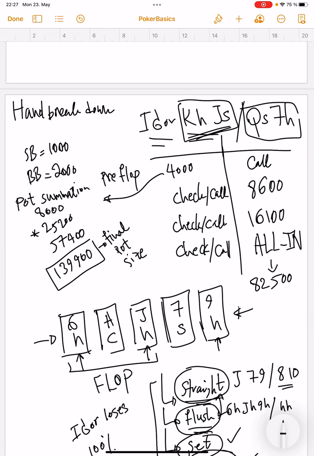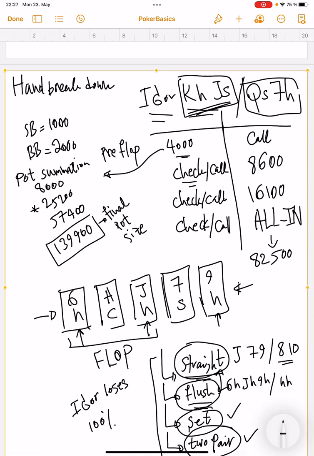You see, he is making a raise of 4,000. You flat call, and then he checks. He's the aggressor, the person who acted first to raise. He checks when he sees the flop, and then suddenly you are putting in a pot-size bet. Why so aggressive? You can see 8,000 was the pot, and he puts 8,600. So their story doesn't match. When you have the 6 of hearts, ace of clubs, and jack of hearts, why do you play it so crazily?